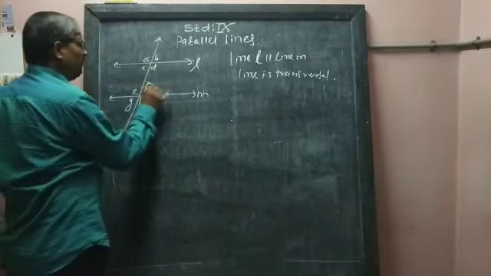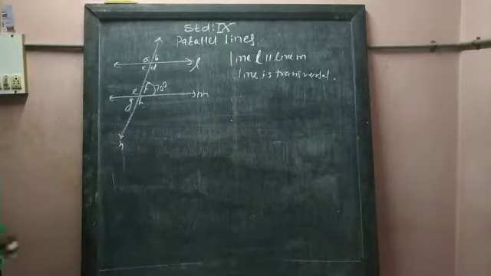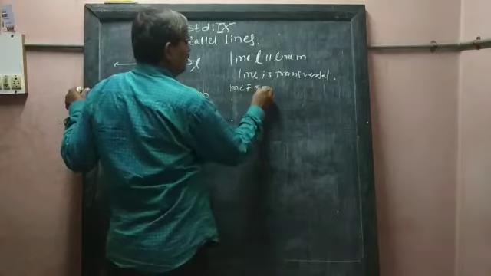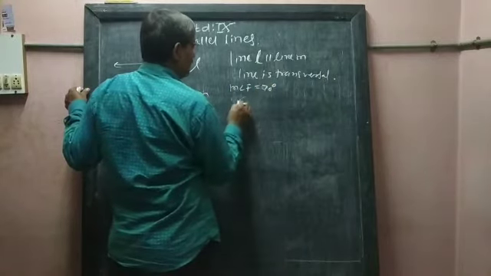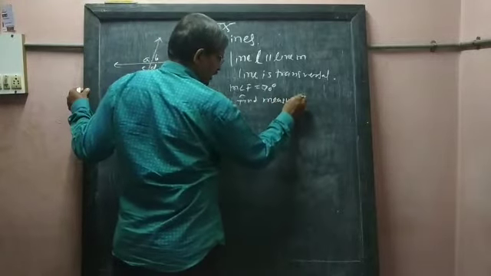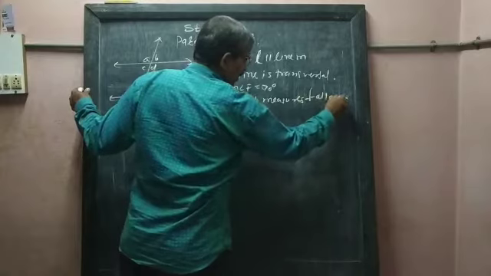If the measure of angle F is given as 70 degrees, find the measures of all angles.